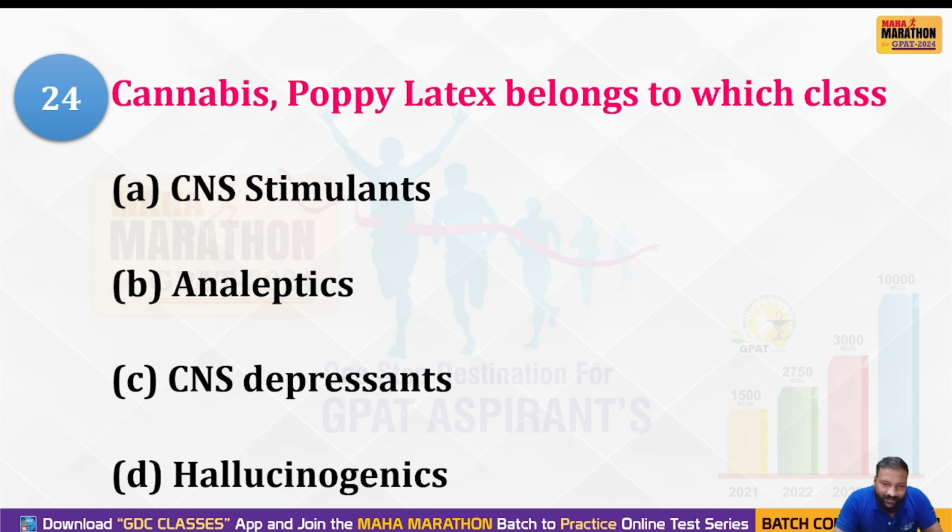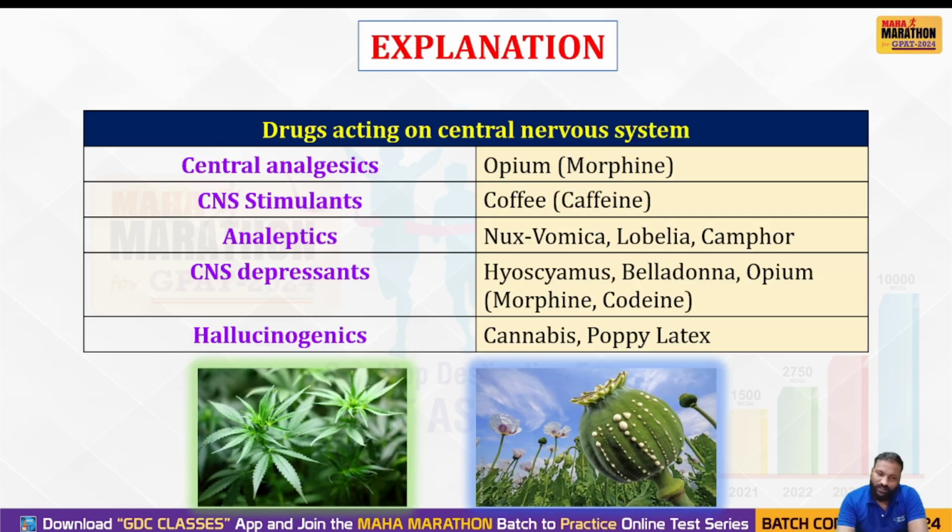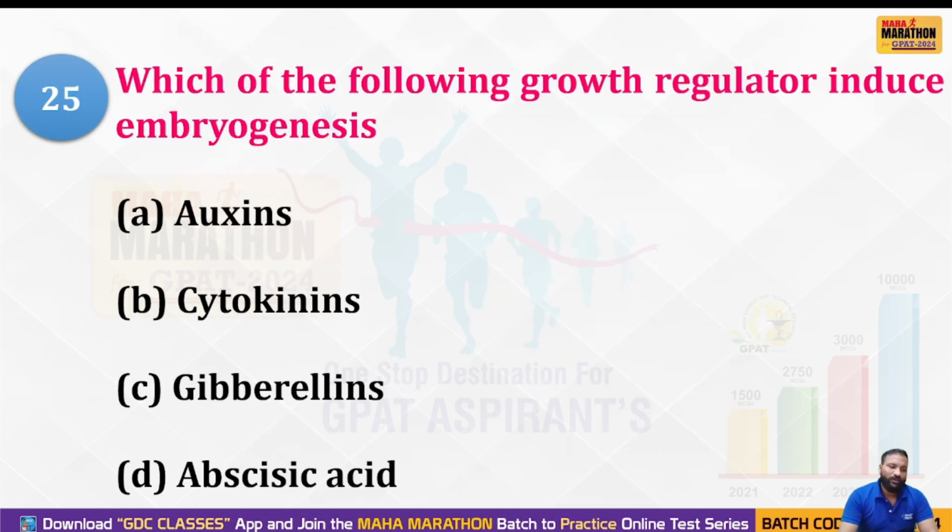Cannabis and poppy latex belong to which class? Already we have discussed this in the first slide. They belong to hallucinogens. These are some of the examples with respect to the action on the CNS. And last but not least, which of the following growth regulators induces embryogenesis? Option A auxins, option B cytokinins, C gibberellins and D abscisic acid. Can everybody tell me? Option D is right.